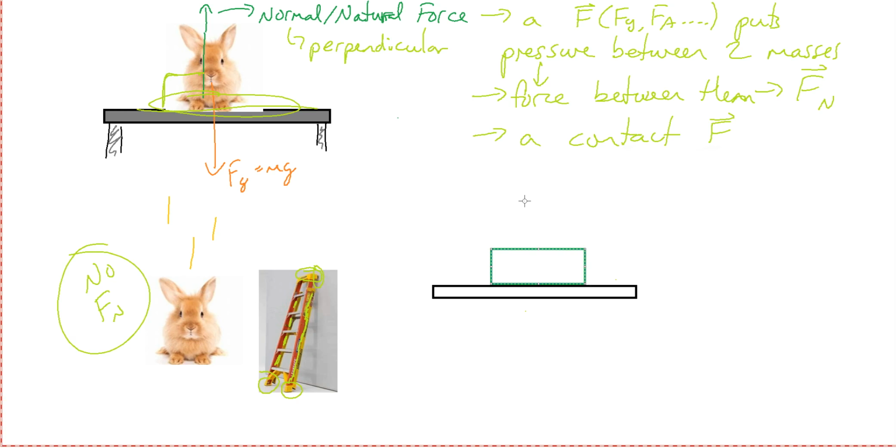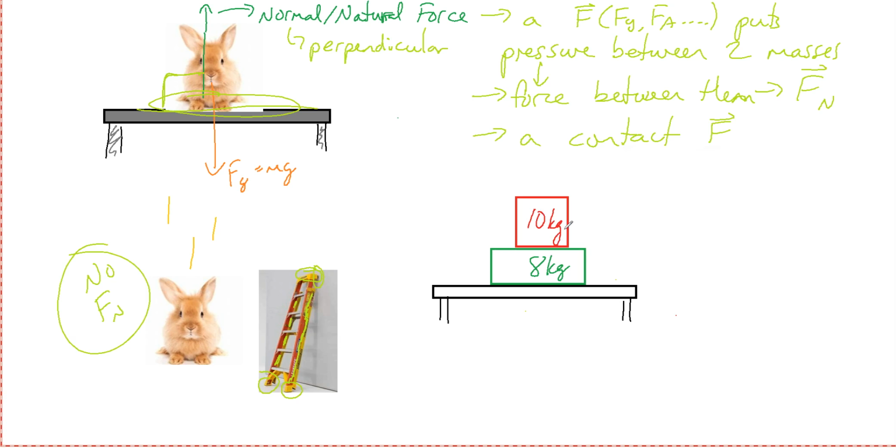We'll make another box, something like this. Make that one red. Okay, and they're just sitting on a table. So this is just the table. Let's say this green one here is 8 kilograms, and this red one right here is 10 kilograms.